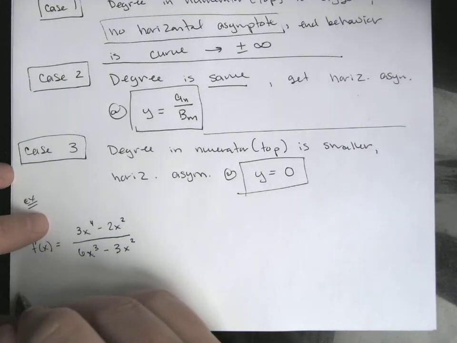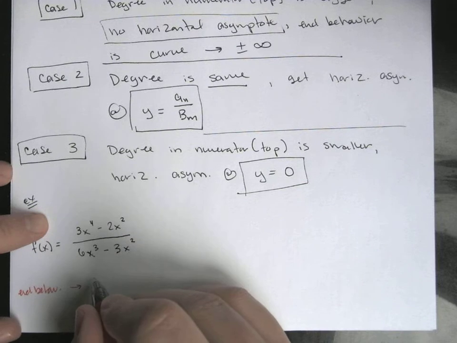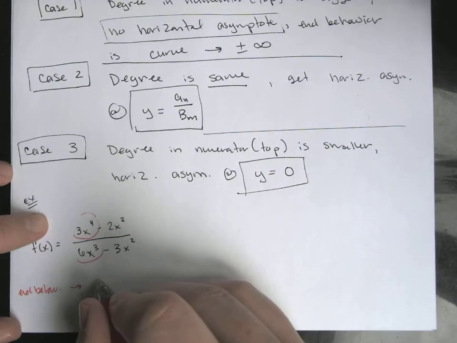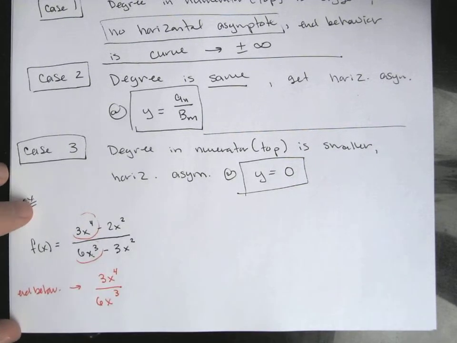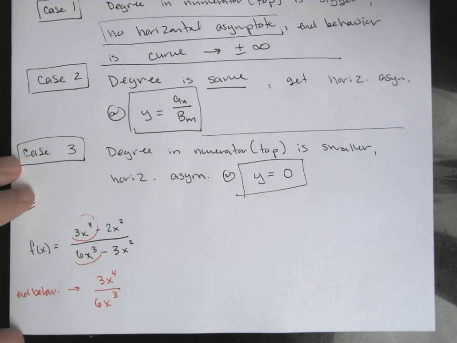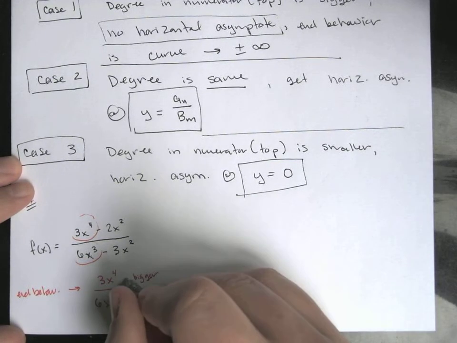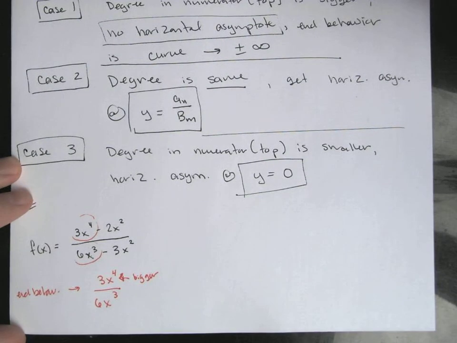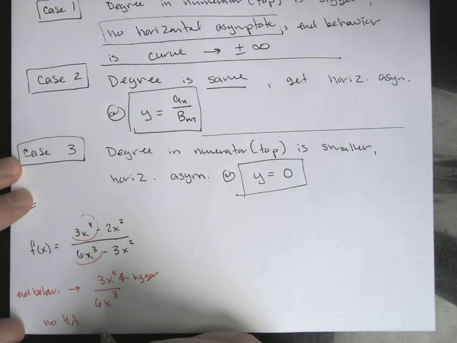So our end behavior is going to be based on the two leading terms. So 3x to the 4 over 6x cubed, right? This is obviously a bigger numerator term. The 4 is bigger than the 3. So this is going to be no horizontal asymptote.